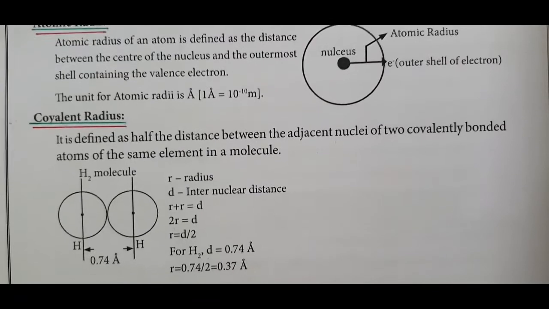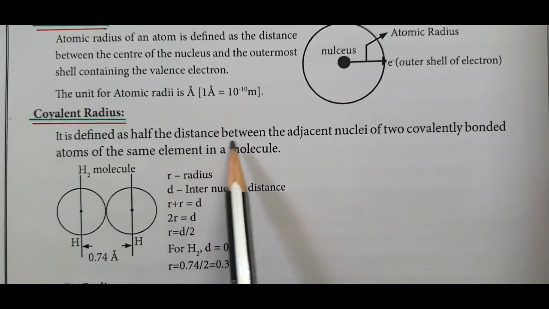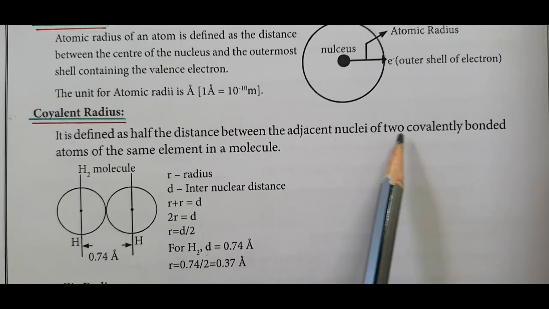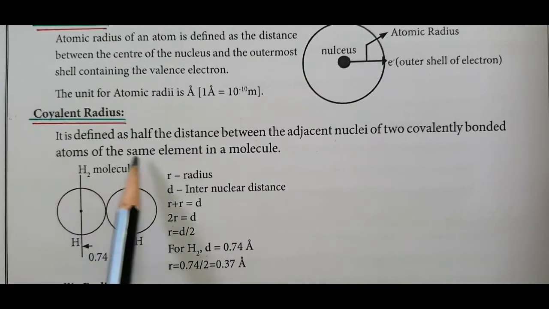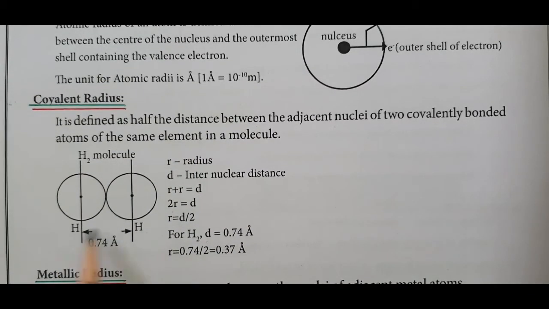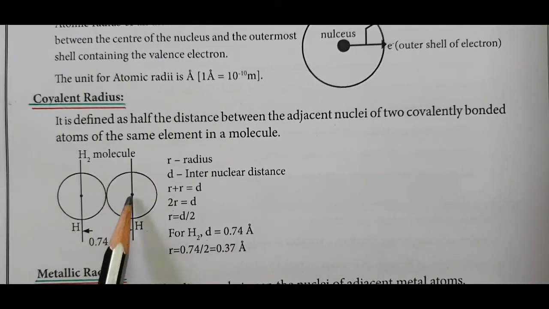Come to covalent radius. It is defined as half of the distance between the adjacent nuclei of two covalently bonded atoms of the same element in a molecule. For example, in H2 molecule, these two are the nuclei of two hydrogen atoms.